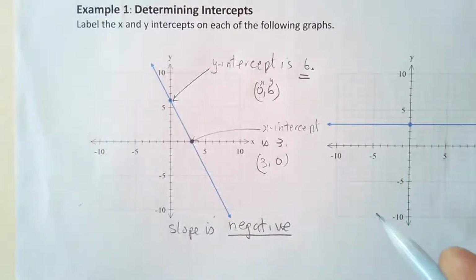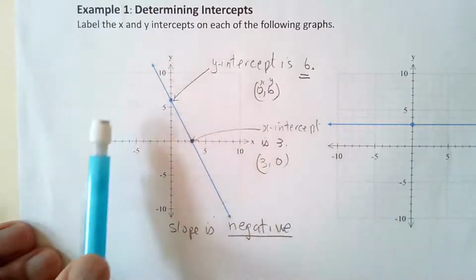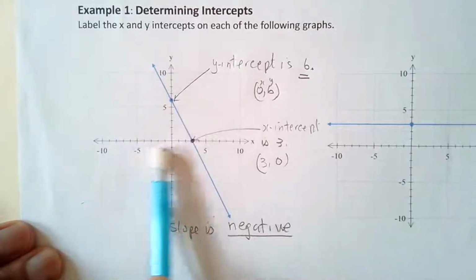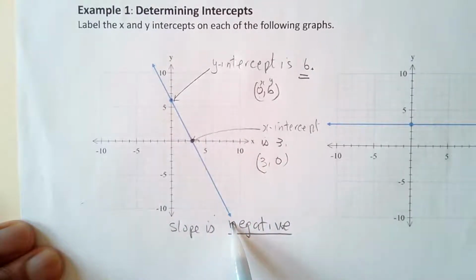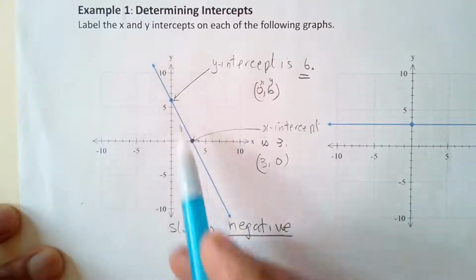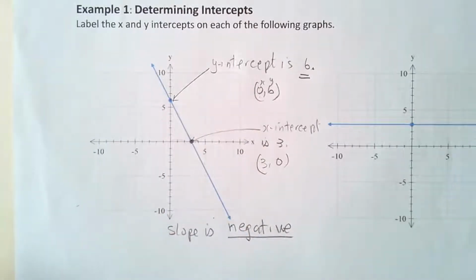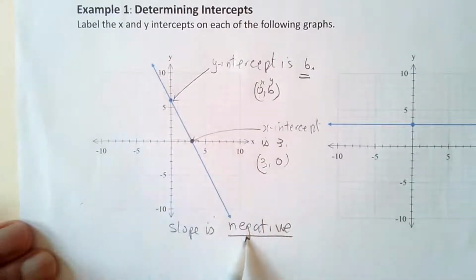And the reason it's negative is because as x increases, y decreases. So we say slope is negative because it's going downwards.